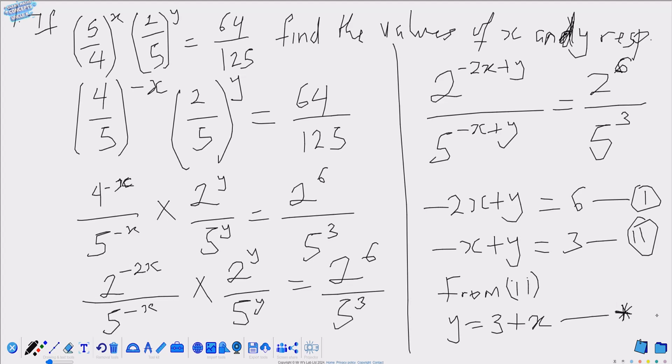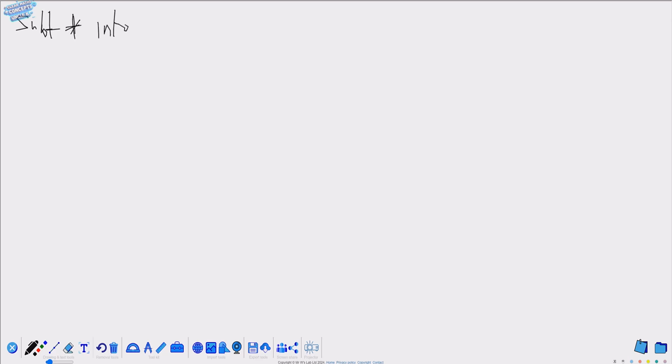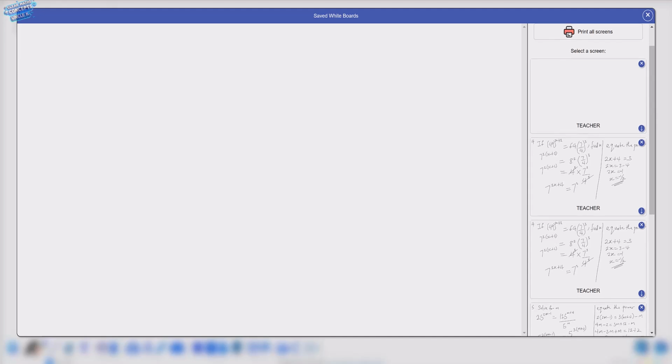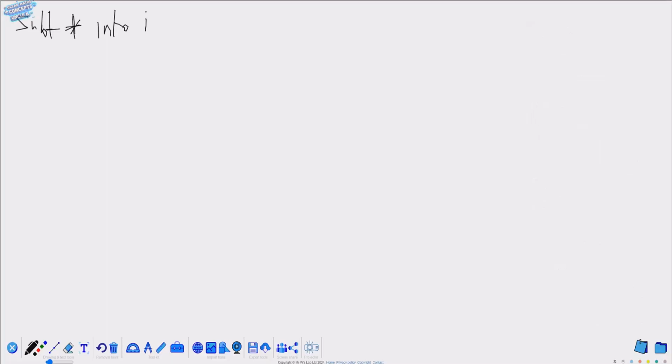Okay, so I'll clear the board. So substitute star into 1. So 1 is minus 2x plus y equals 6.